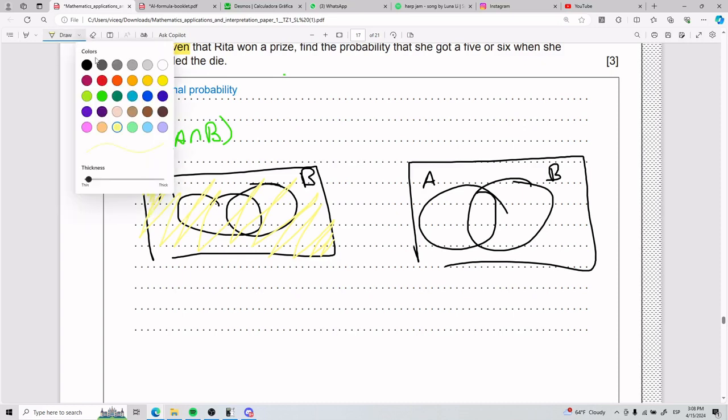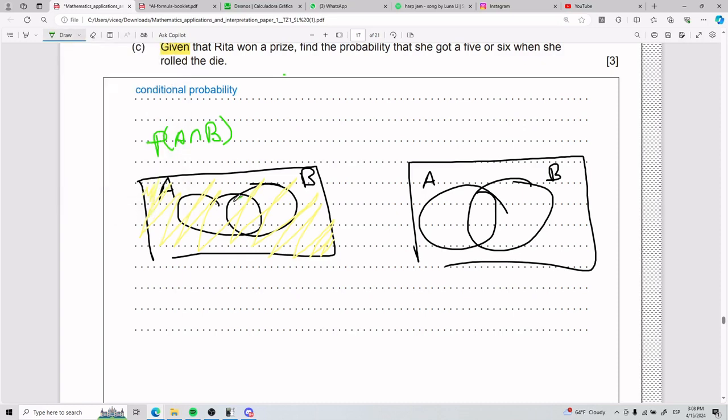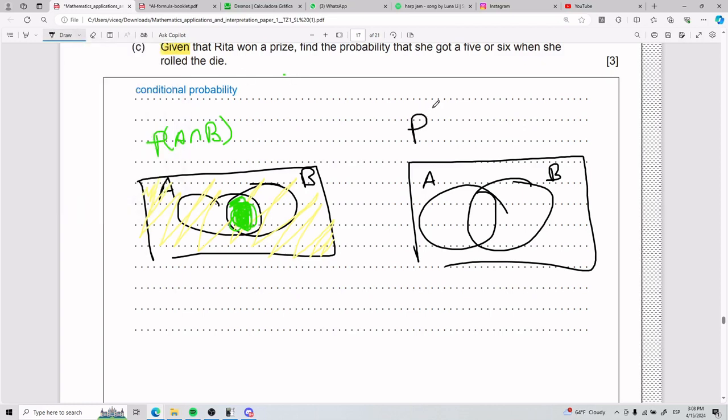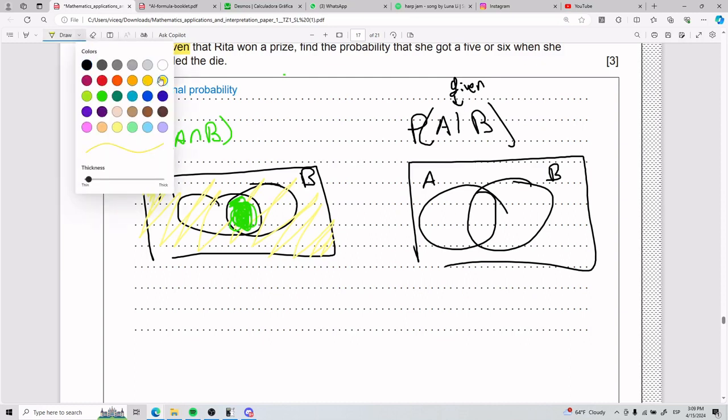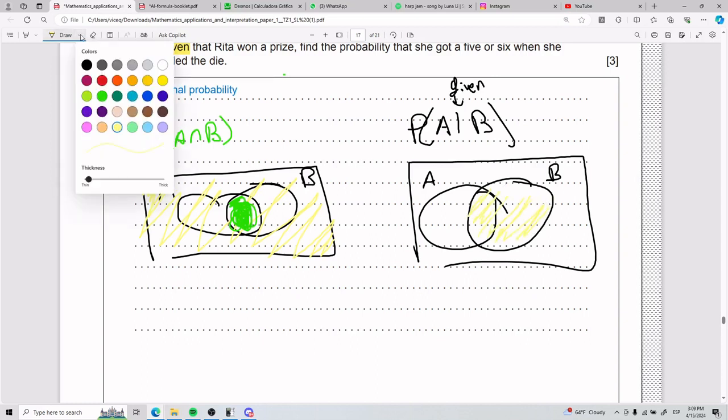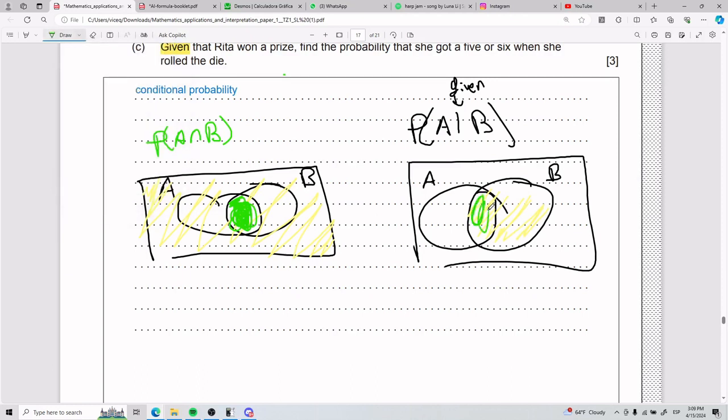This is your whole total, and this is A and B. Okay? For probability of A given B, okay, this little stick here is for given. For probability of A given B, it's because you are drawing from B. So because you are drawing from B, what is the probability that you get A?